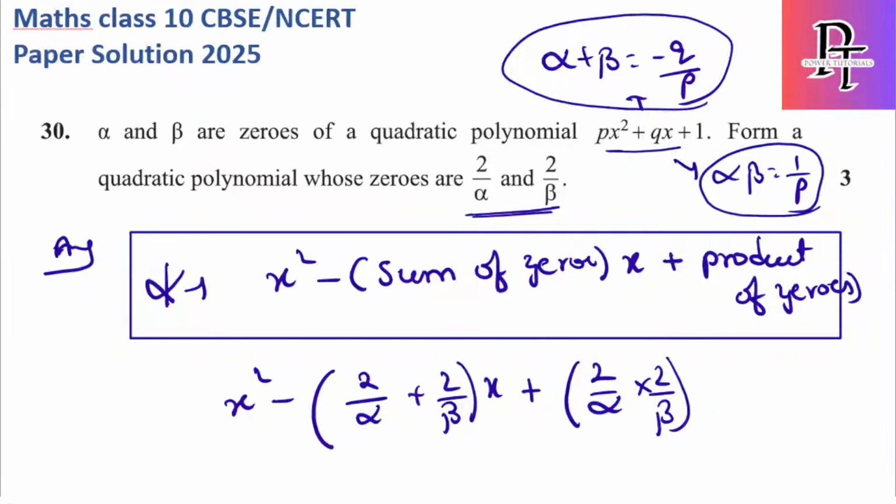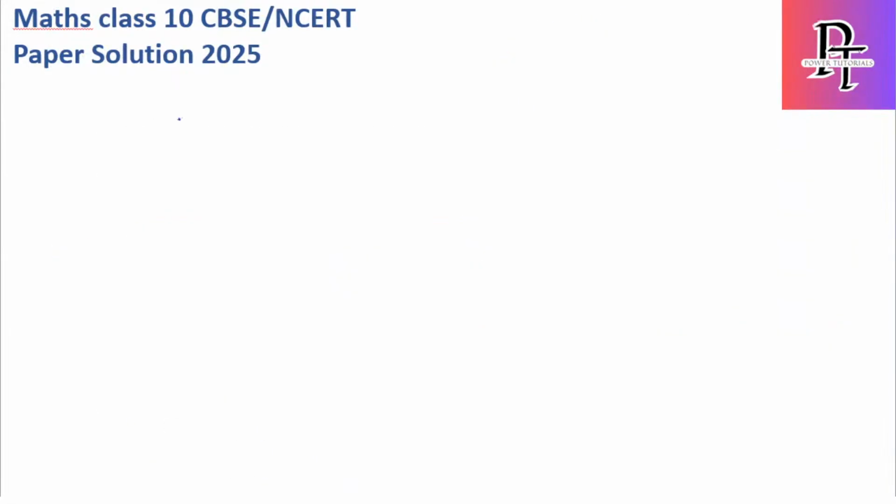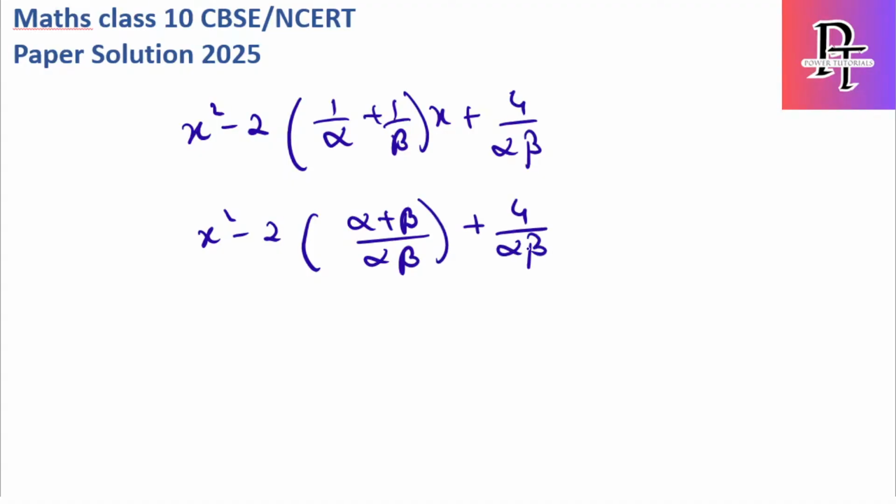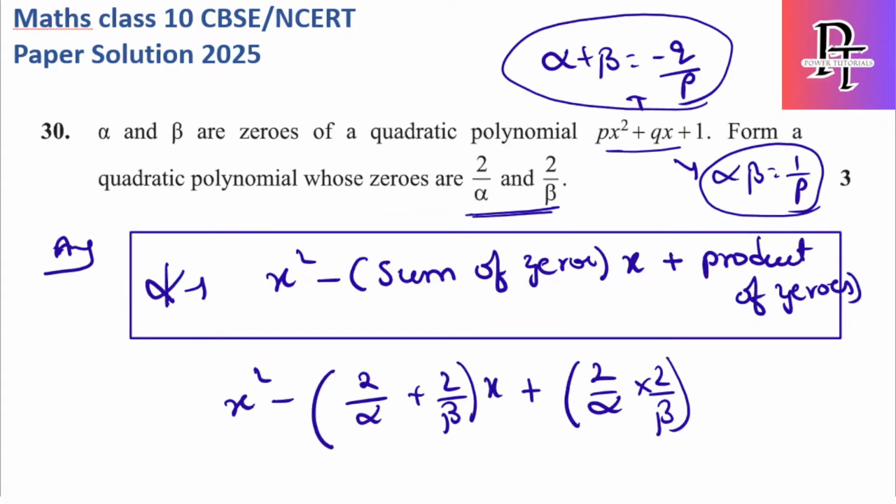Okay, so next step I will take 2 as common. I will get 1 by alpha plus 1 by beta into x plus 4 by alpha beta. So if I take the LCM here, I will get alpha plus beta by alpha beta plus 4 by alpha beta. So simply we know what alpha plus beta is: alpha plus beta is minus q by p, and alpha beta is 1 by p.